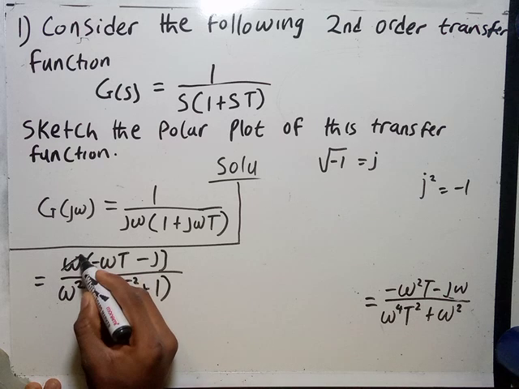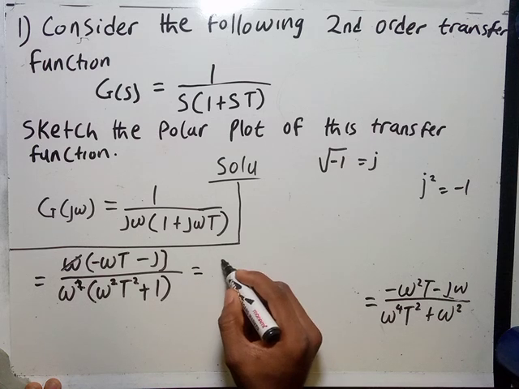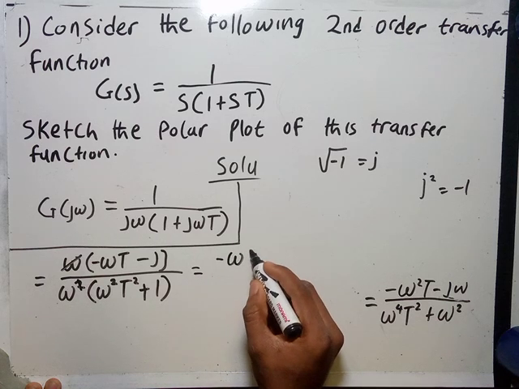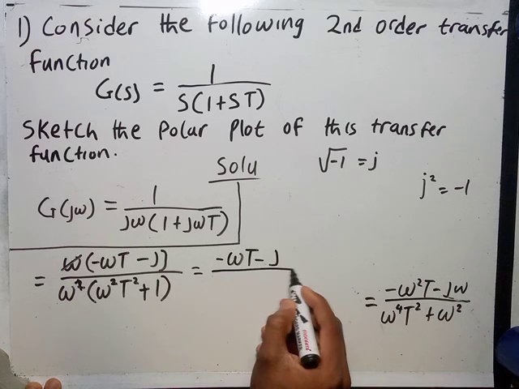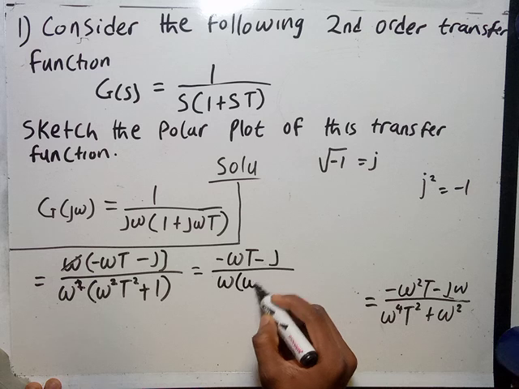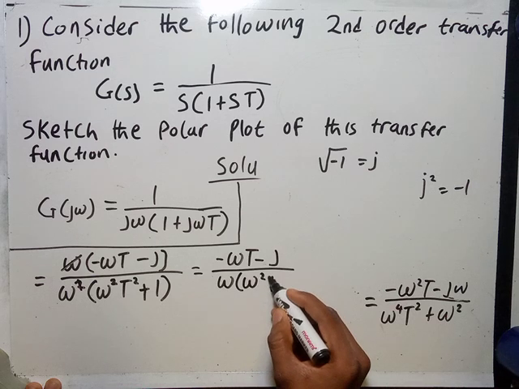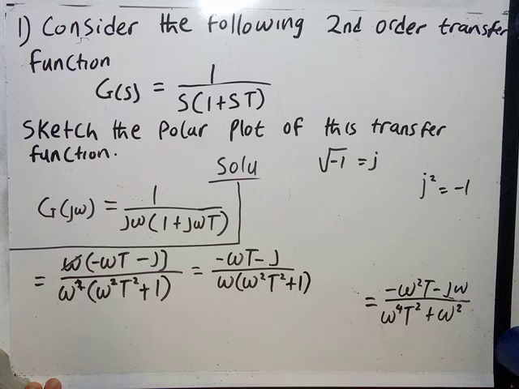So we cancel one of this and we are left with minus ωt minus j all over ω squared t squared plus 1.